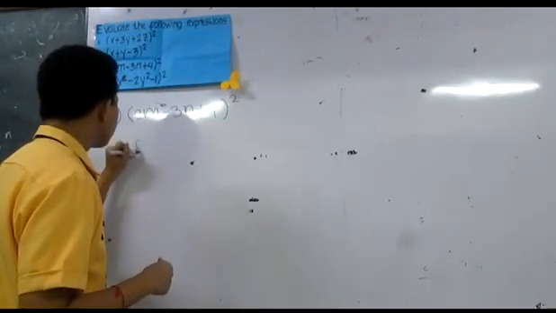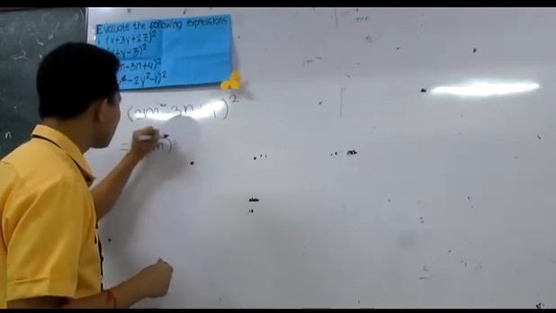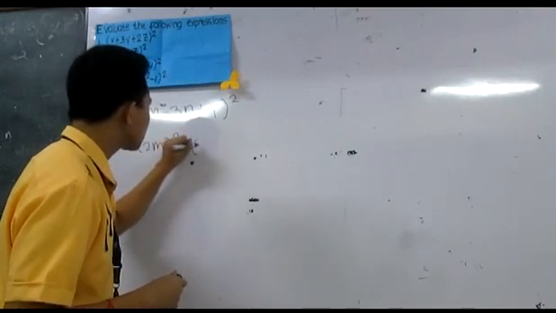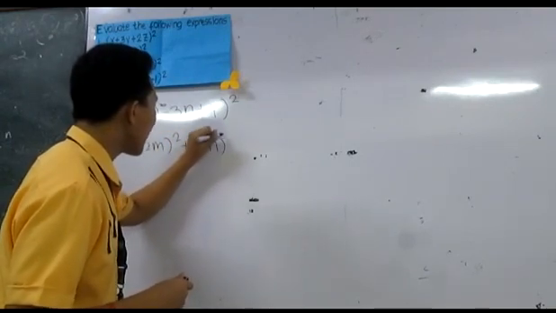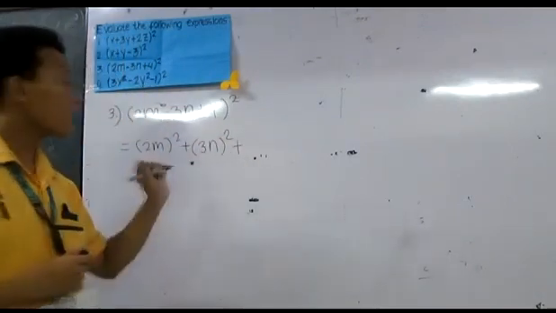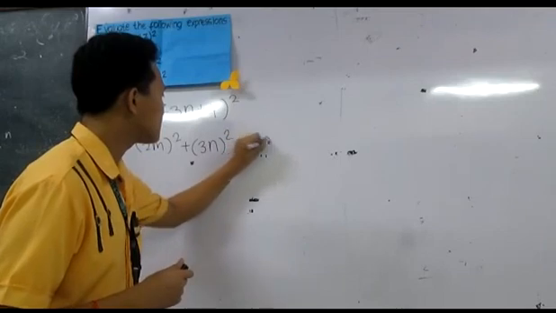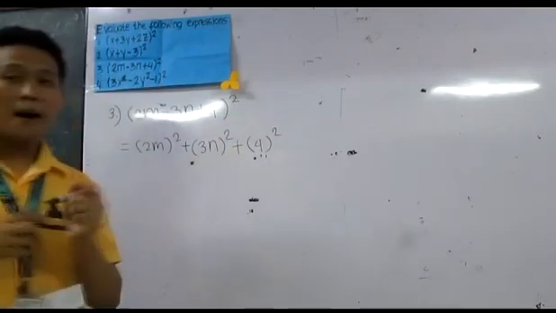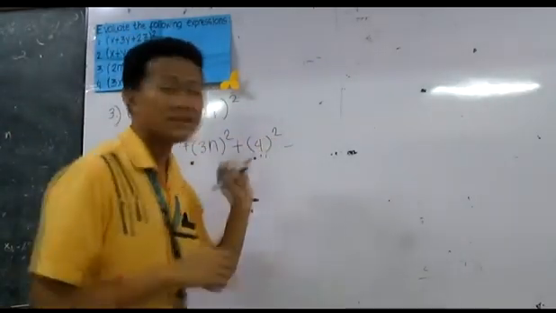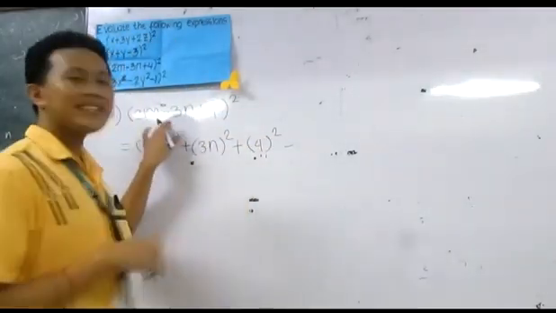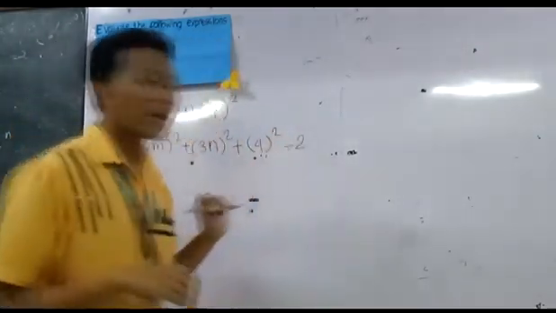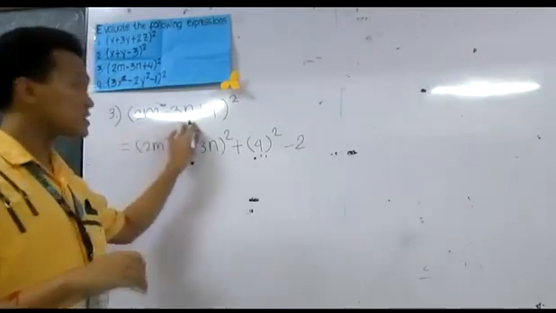We have 2m squared plus 3n squared plus 4 squared, plus, minus, since the negative is on the middle term, minus twice the product of the first term and the middle term.